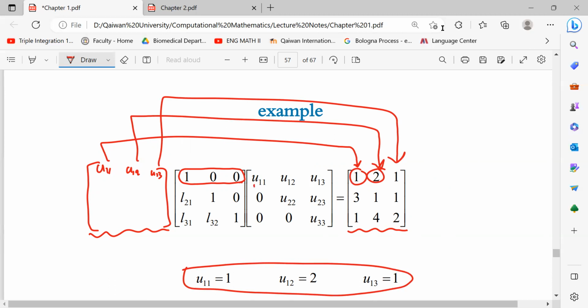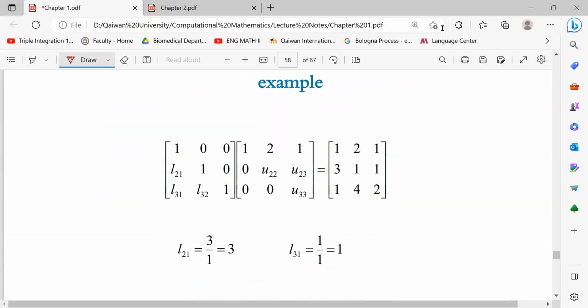Now, we replace these by their values that we found in the first step. In the first step, we just multiply the first row of L by all columns of U. In Doolittle factorization, that's what we do, and then we get the values of U11, U12, U13, as we found.